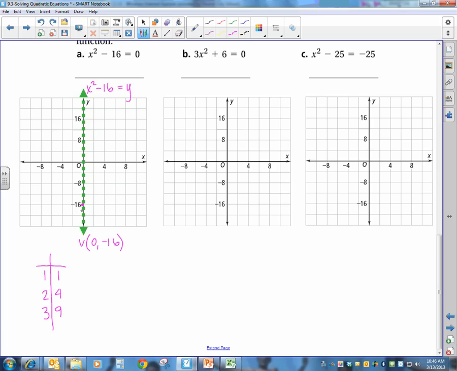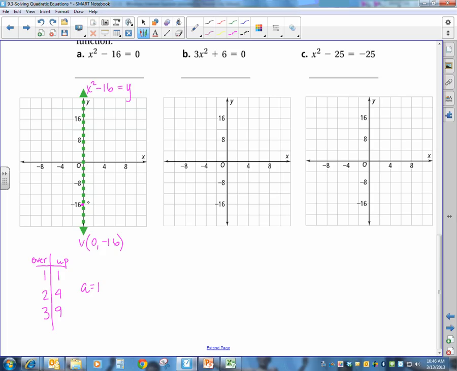And from my vertex, we looked at the a value, and a is 1, so I don't need to change those. That's going to be my over and up from my vertex. So starting at my vertex, if I go over 1, notice my scale is by 2's. So over 1, I'm going to go up 1. It's going up by 4's here.